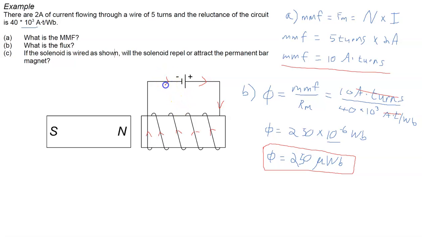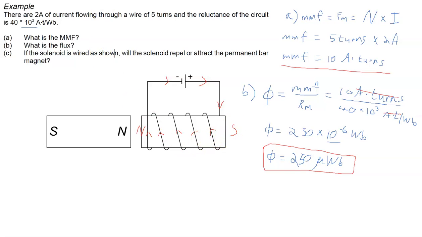So if you're going to wrap your fingers around that in the direction of conventional current, you put your palm on the front of it where I have my red arrows, and your fingers would wrap around the back because the current is going down on the back of it. So your thumb would point left, and where your thumb points is the North Pole. And so that means that for this magnet, it's north here, south here.